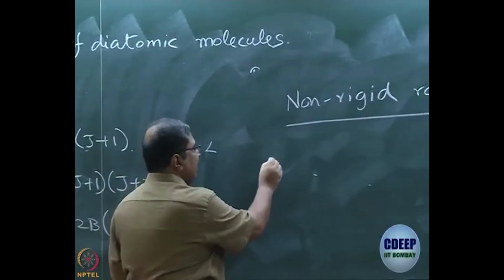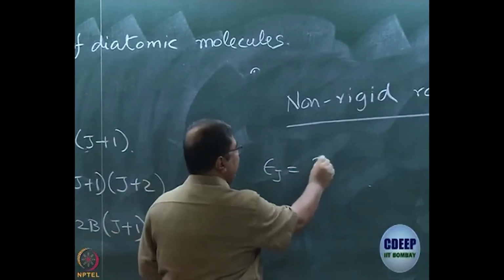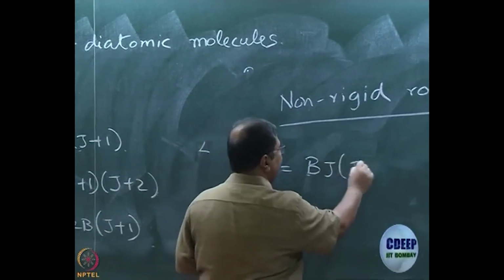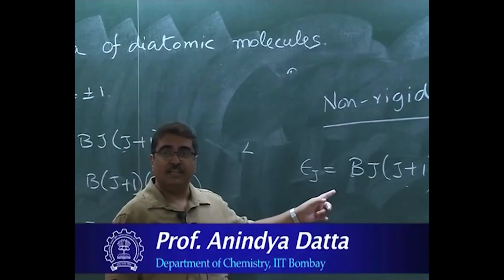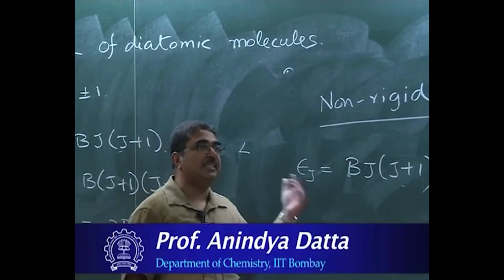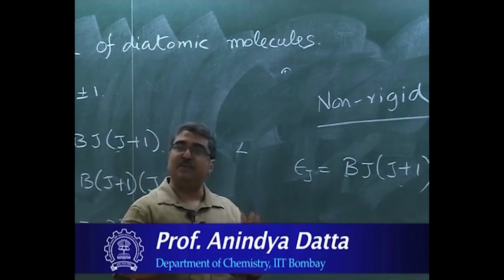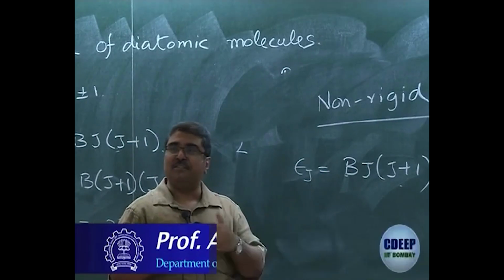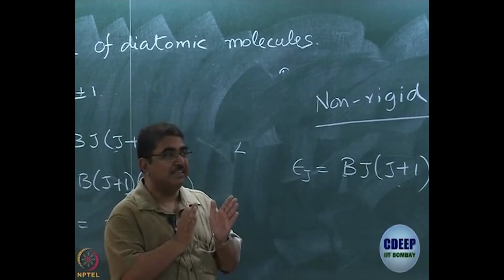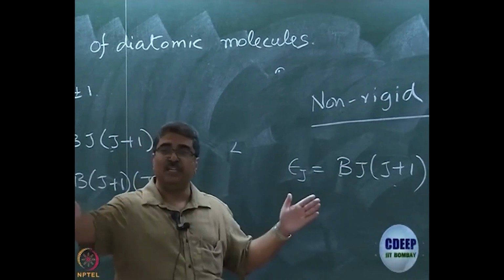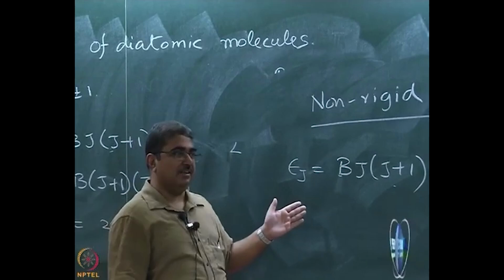But the point is epsilon j is now written as Bj into j plus 1. Well, this is the expression for the rigid rotor, right. Now, that is the unperturbed system. You have studied perturbation theory and you know that whenever there is a perturbation, what is the meaning of a perturbation? A small change, right. If the change is huge, then perturbation theory does not work, right.